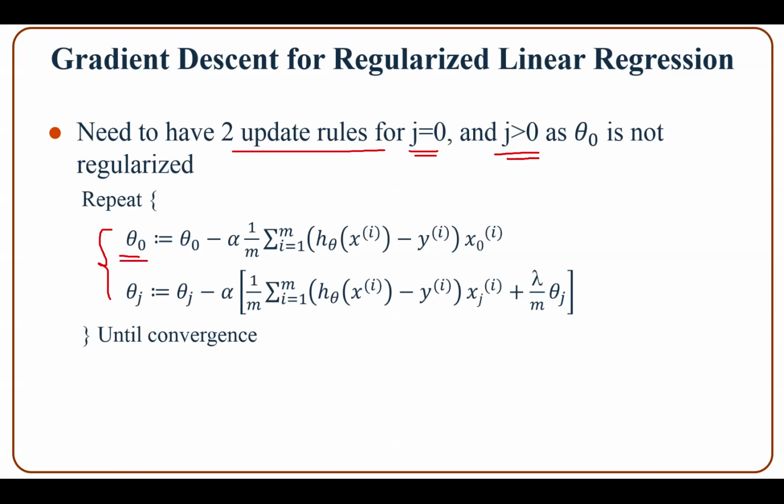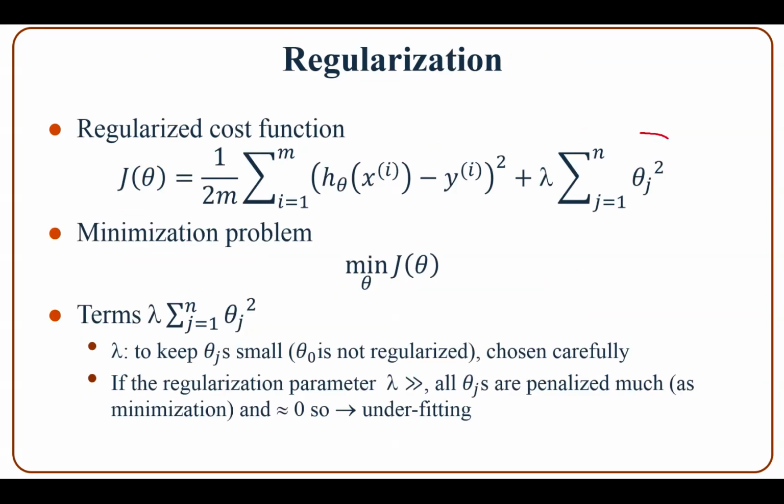For theta naught, you don't have the regularization term at the end. For thetas other than theta naught, taking the derivative of the cost function, you can see that there is another term at the end, and that term actually comes from here, right?